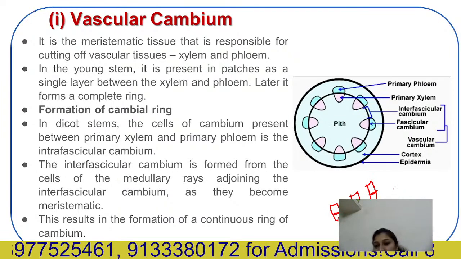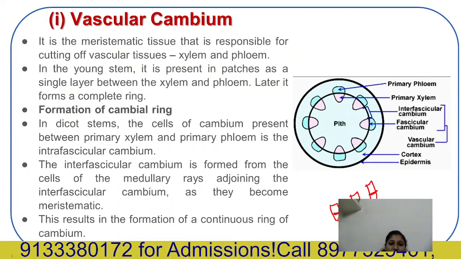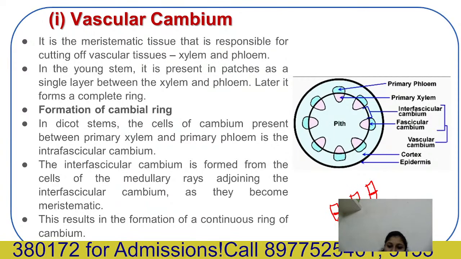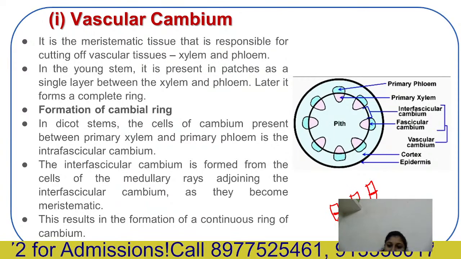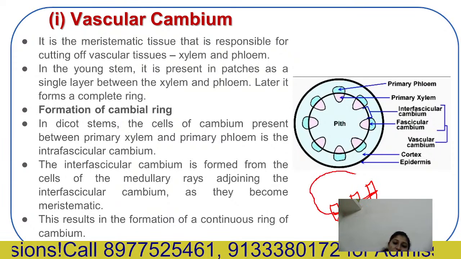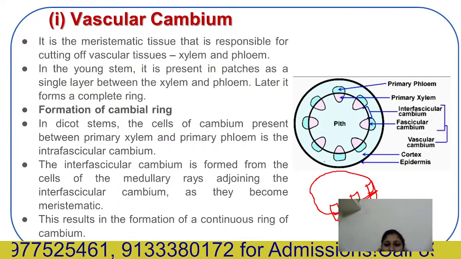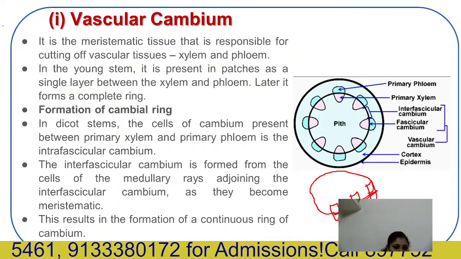They are fascicular cambium. So first it was developed in these patches. Then these patches are joined by interfascicular cambium formation. So because of that, a complete ring will be formed afterwards. So that ring is known as cambium ring.